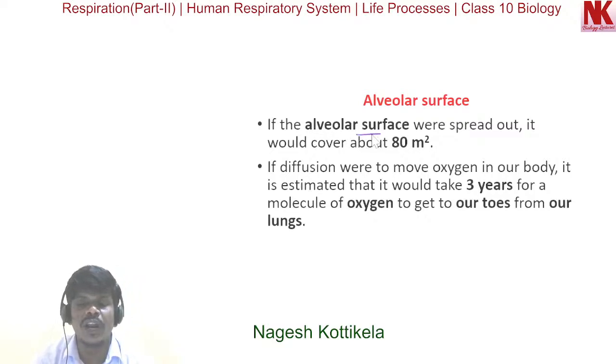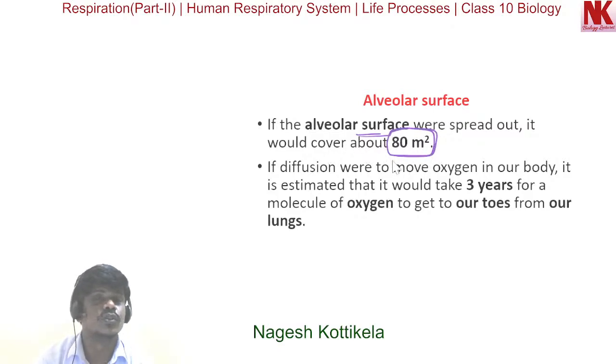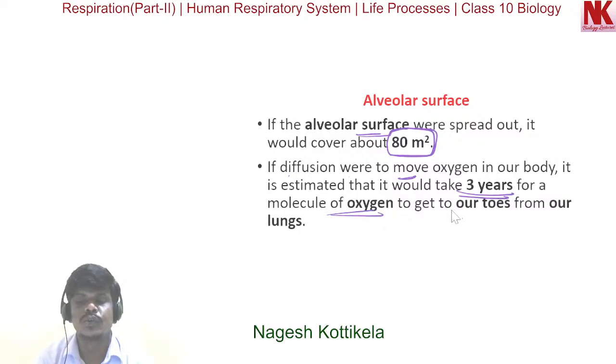If the alveolar surface were spread out, it would cover about 80 meters square. So this much large area the alveoli are providing for gaseous exchange. Now if diffusion were to move oxygen in our body, it is estimated that it would take 3 years for a molecule of oxygen to get to our toes from our lungs.